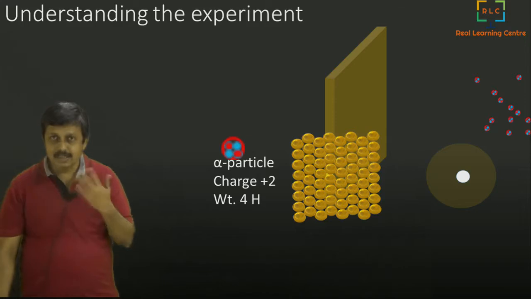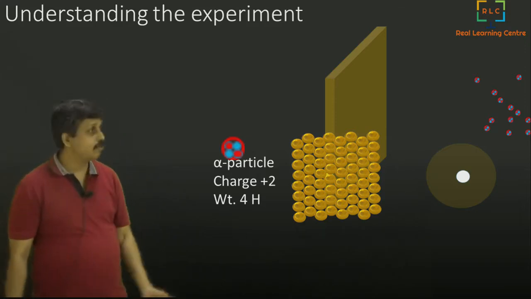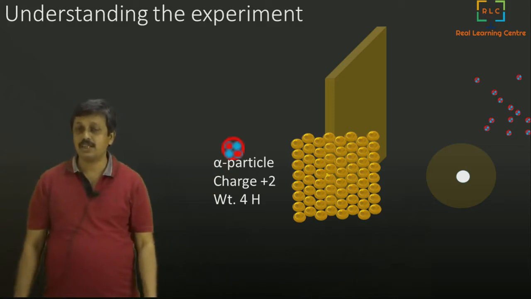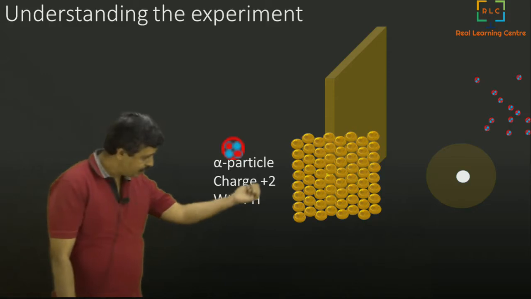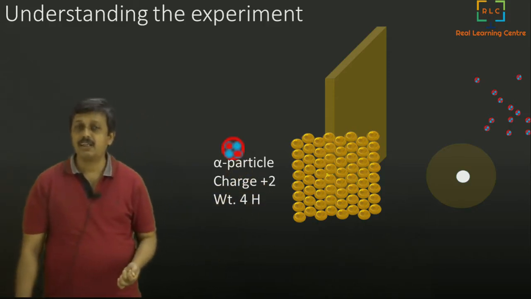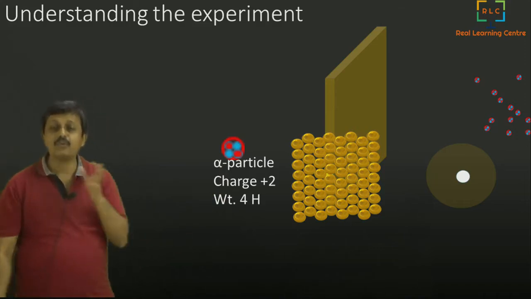So whatever you thought was completely filled with positive charge is actually not true. Positive charge is concentrated at the center in a very small, dense area, and the remaining part is all empty with some negatively charged electrons going around.